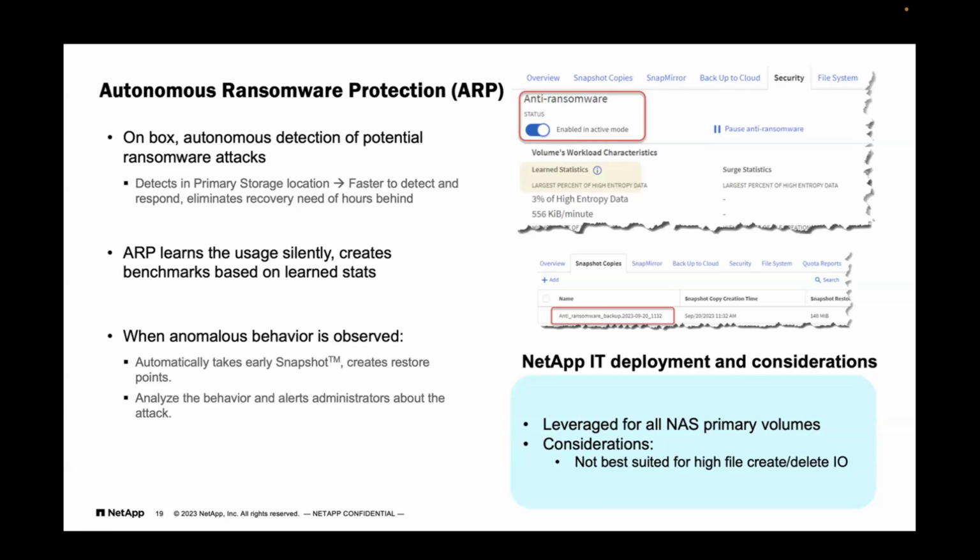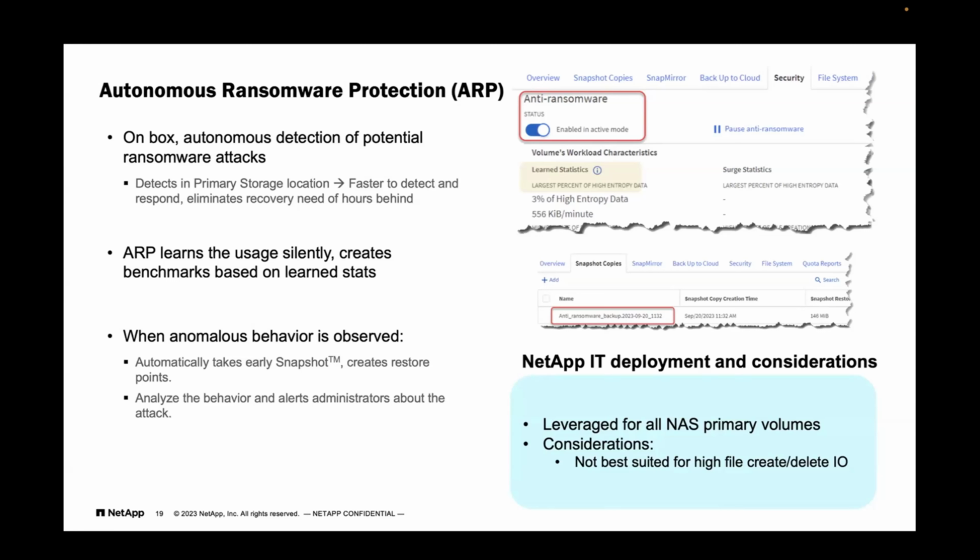Minimum 10-day learning mode, and it might go up to 30 days based on how much data it gets to profile. It builds a profile of the activity in that volume. When it activates itself, it looks for any deviation from the profile.